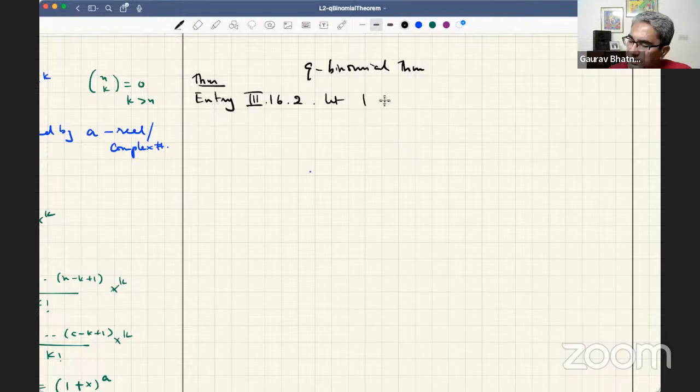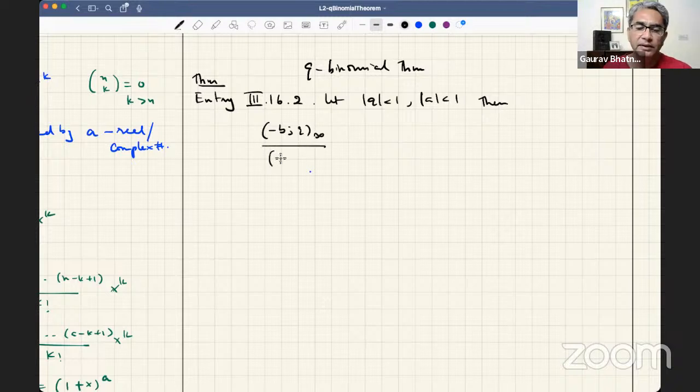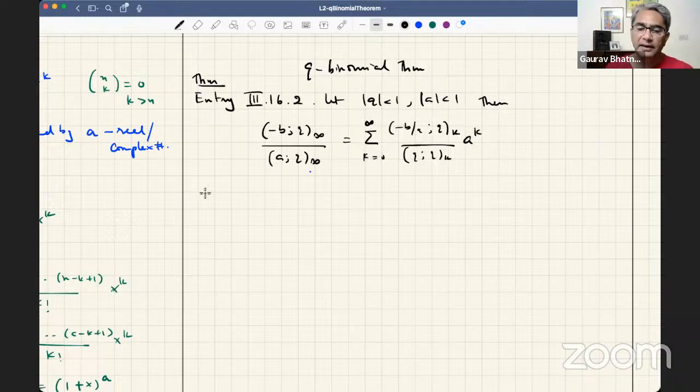Let absolute value of q less than 1 and a less than 1, then minus b q infinity over a q infinity. This is how it's stated in Bruce Berndt's book and by Ramanujan. I mean, Ramanujan didn't use the q rising factorial notation, but he had it like this: a raised to k.